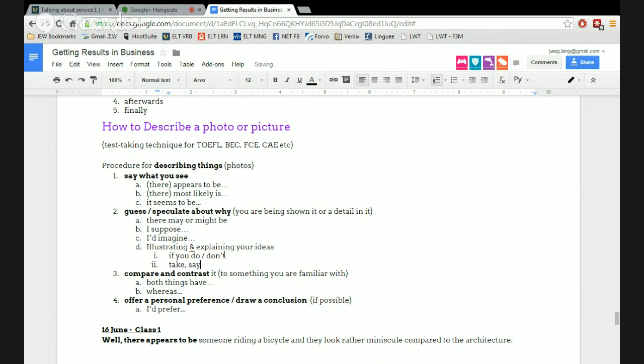Take, say, all right, let me give you an example. Instead of saying there might be a puppy, we're going to focus on why the puppy is shown. Okay? Well, there might be a protection for animals society in this picture.